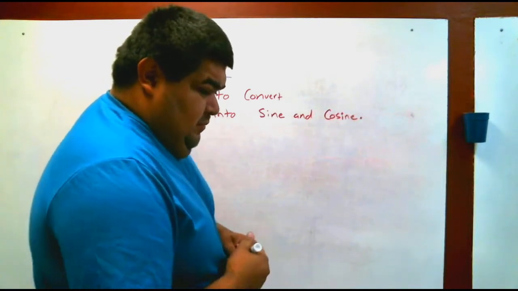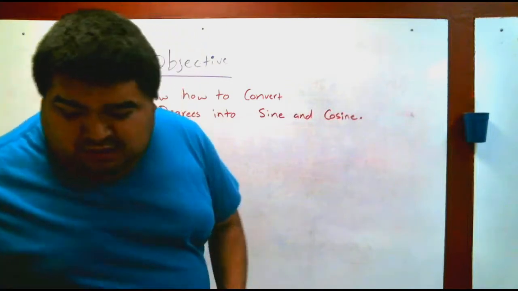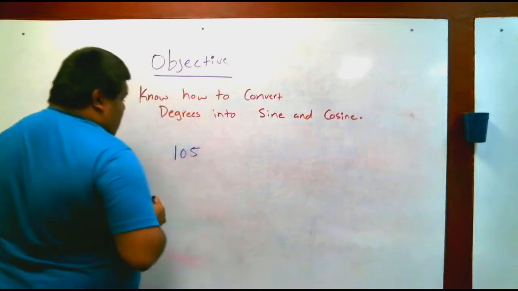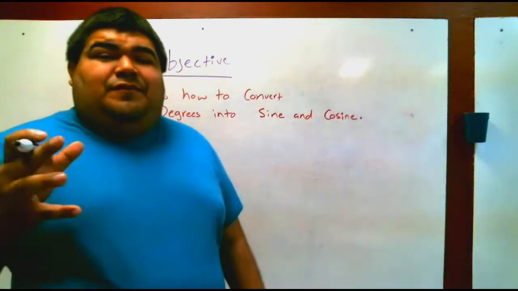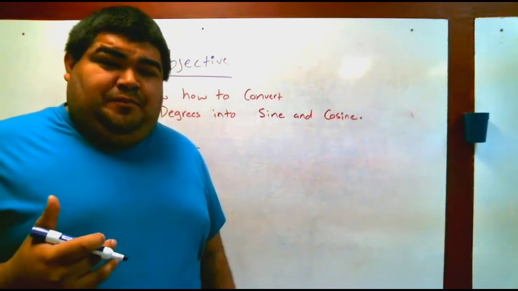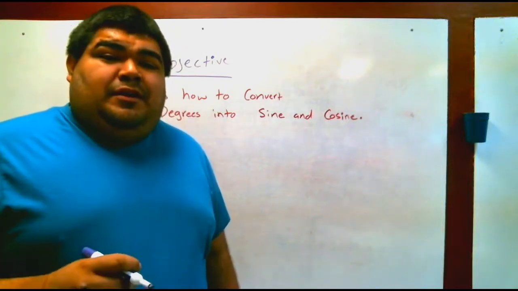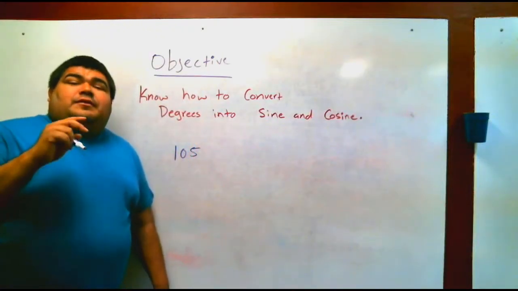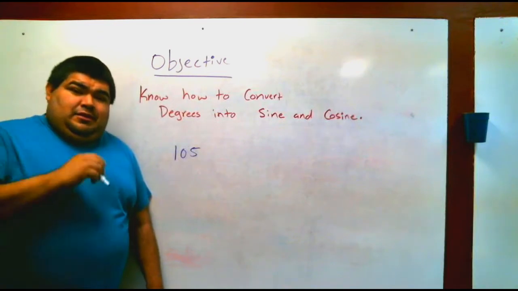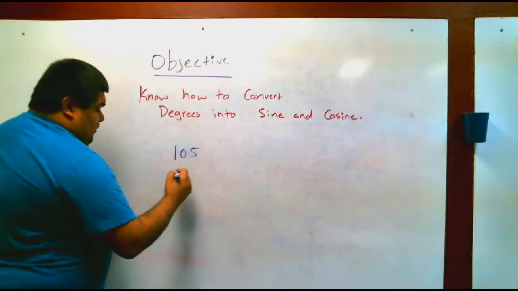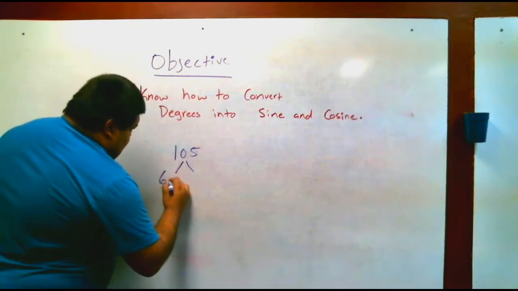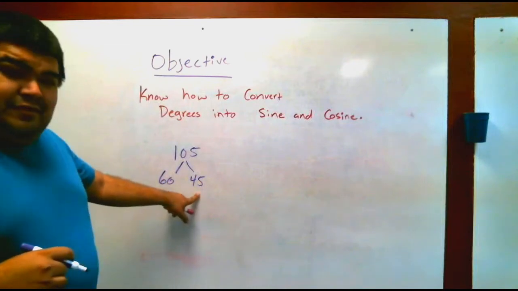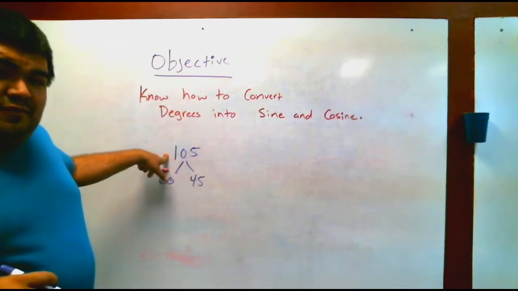For example, if I have 105 degrees, notice that 105 is not on the unit circle itself, but there are 2 numbers on the unit circle that give you 105. If you break this 105 down, there is a 60 and a 45. If you add 60 and 45, it gives you 105.